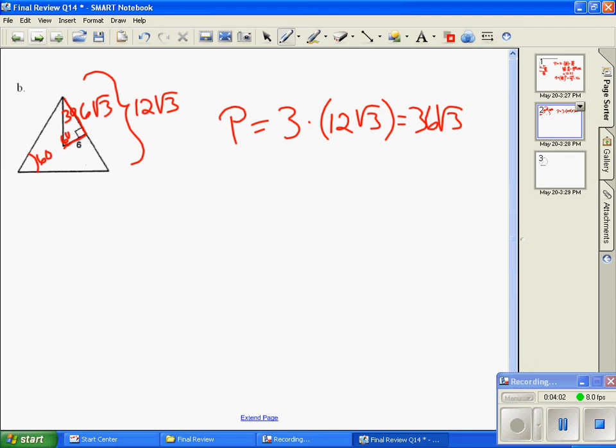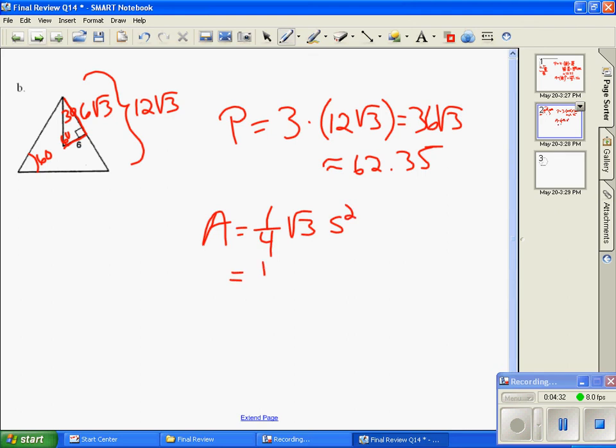Okay, so that's in terms of square root. But now let's say we wanted a decimal answer, so this would be about 62.35. So that's our perimeter. Let's do the area. So the area, remember, we have a special formula for the area of an equilateral triangle, 1/4 square root of 3 s squared.